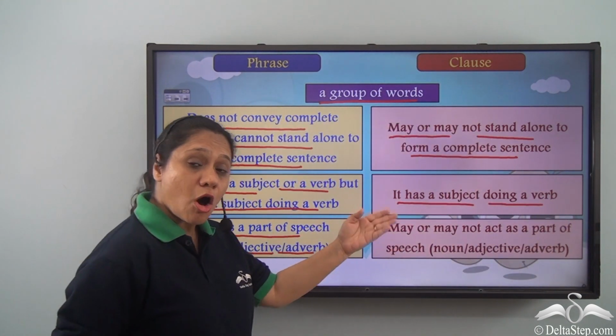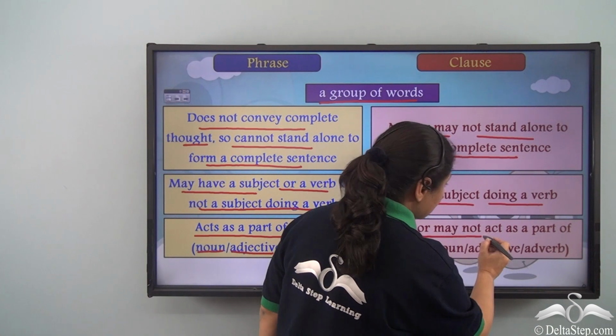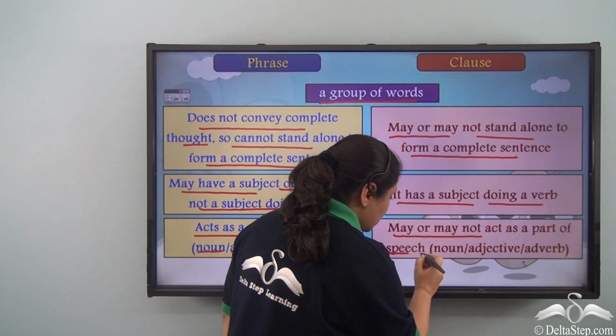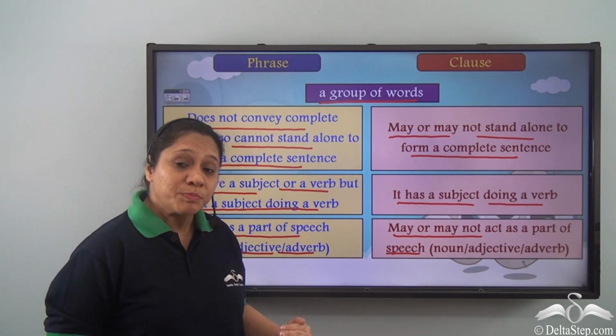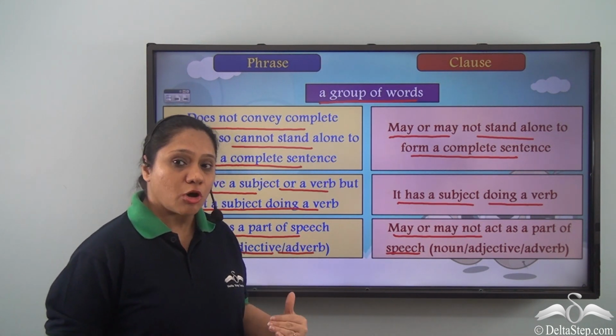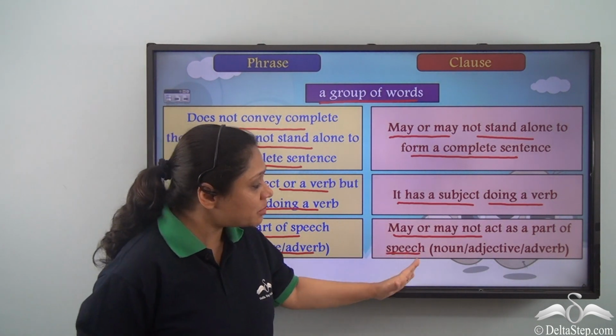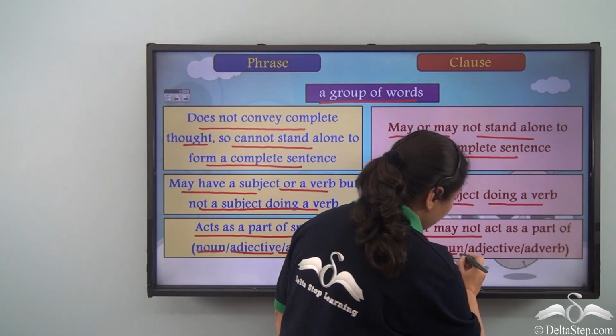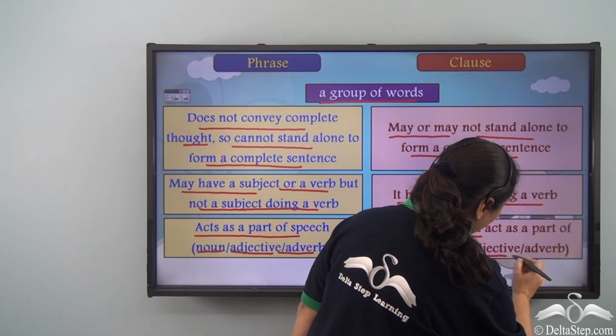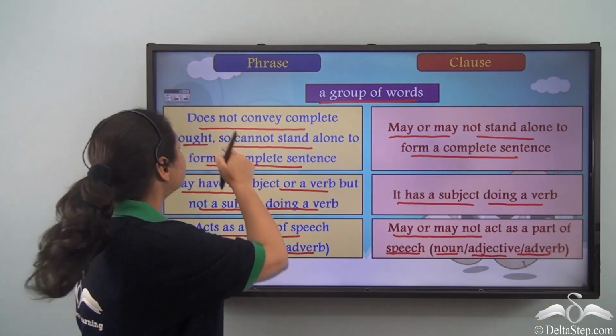It may or may not act as a part of speech. So when a clause does not stand as a sentence and it does not convey complete thought, in that case, it will act as a part of speech. So it may act as a noun or an adjective or an adverb.